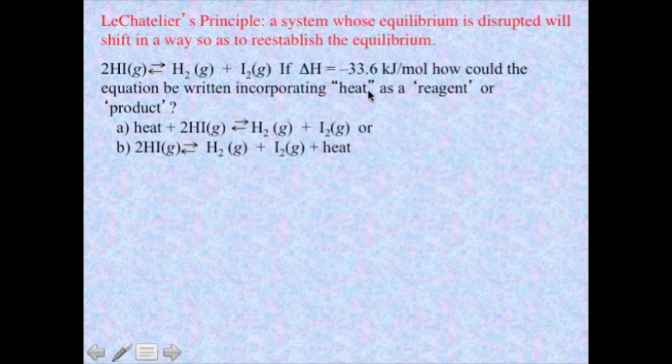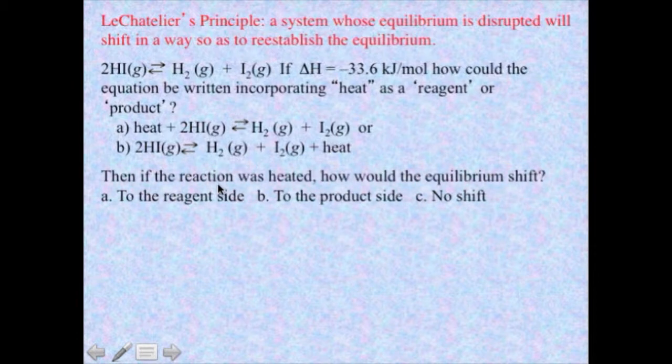So if you thought of heat as a thing that you could add to the reaction, would heat be on the reagent side or on the product side for this equilibrium? And of course, if it's exothermic with a negative delta H, heat is going to be released, therefore we can think of heat as a product.